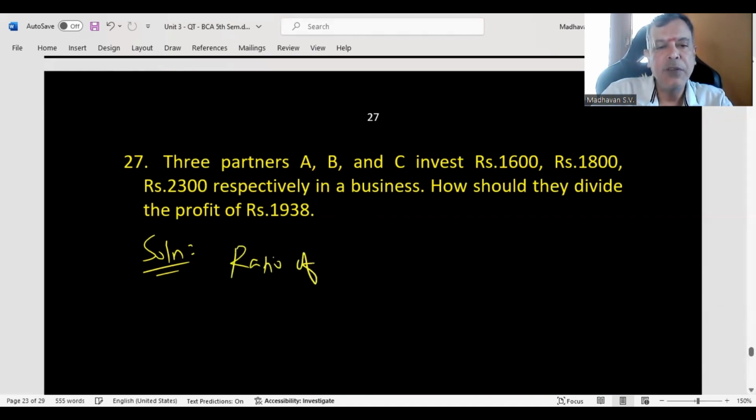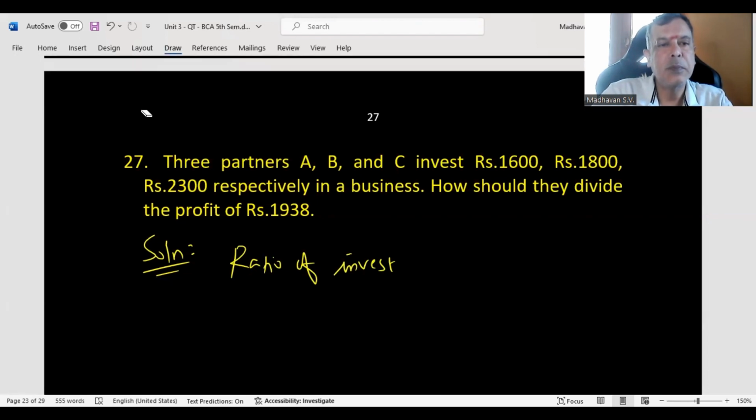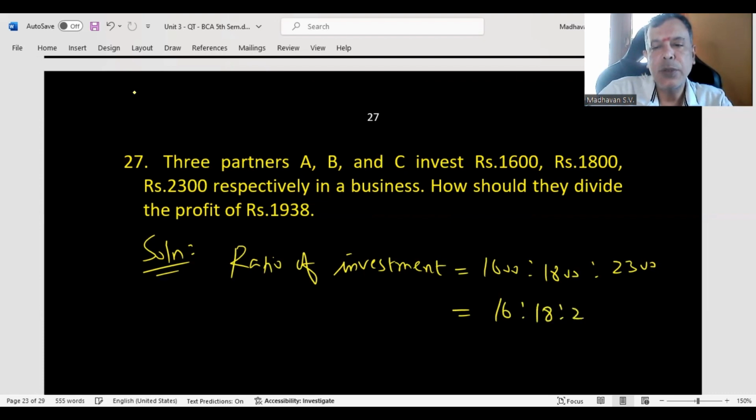Ratio of investment will be 1600 is to 1800 is to 2300. That can be simplified to 16 is to 18 is to 23.